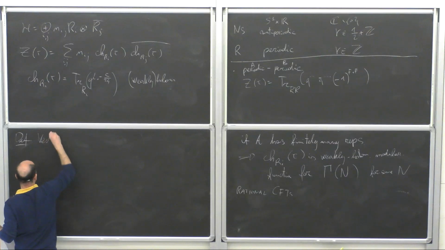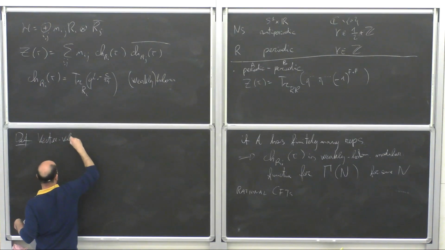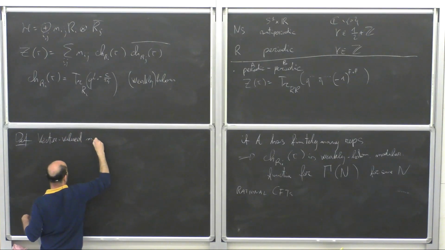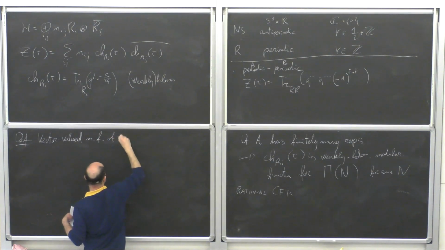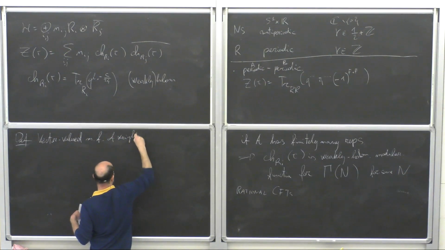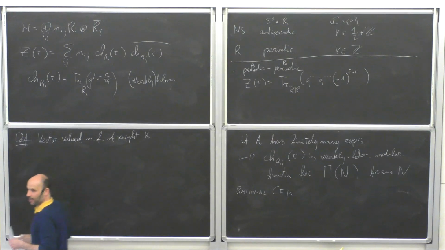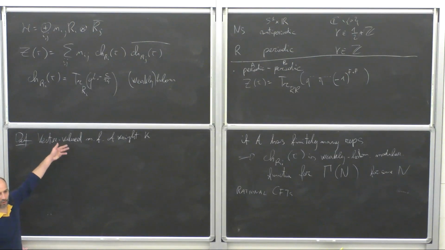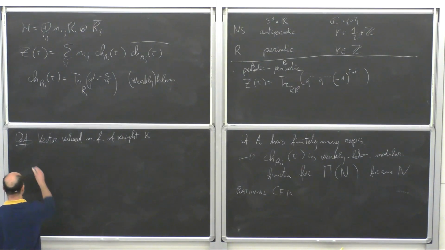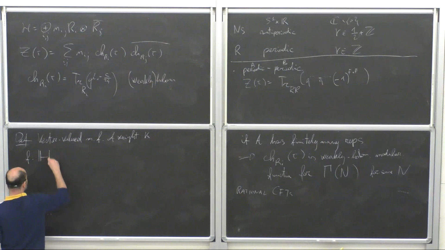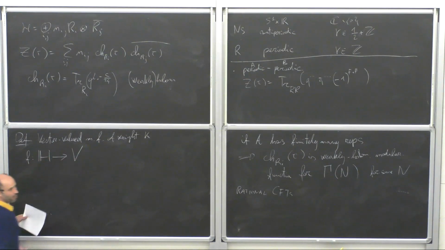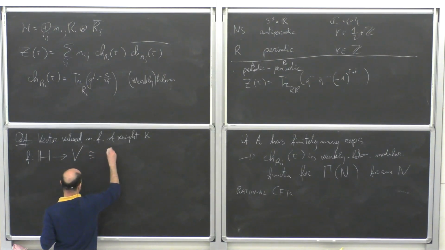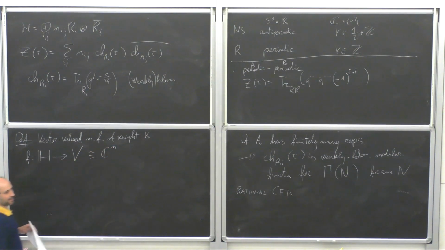A vector-valued modular form of weight k, where I will mostly take holomorphic, or weakly holomorphic, or meromorphic in the worst case, but not non-holomorphic, is a function from H to a finite dimensional vector space, something like C^n.